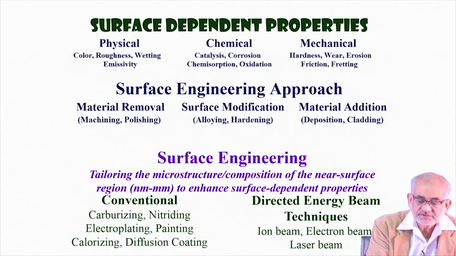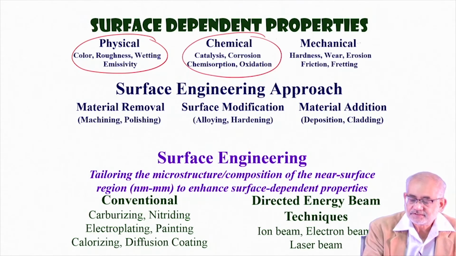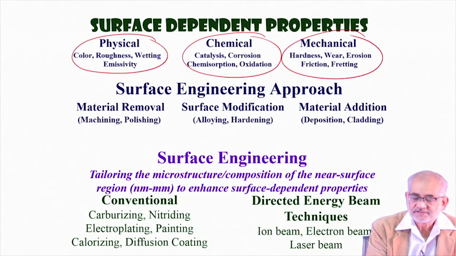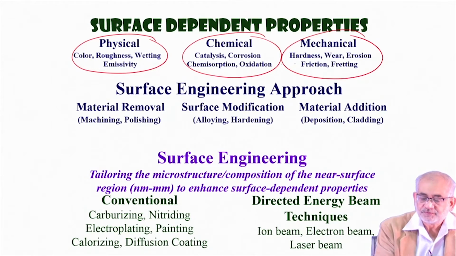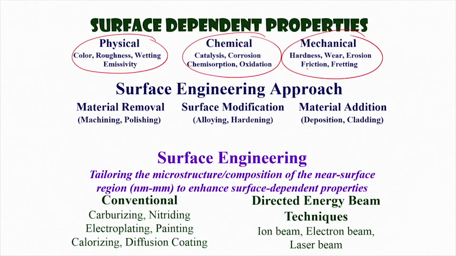So this again we would have discussed that there are various surface dependent properties, physical, chemical, mechanical, and I have just listed a few representative properties under them. So when we want to improve upon any of these physical, chemical or mechanical properties, we adopt the surface engineering approach, and we have already discussed we do it by material removal, by modification, or by addition.